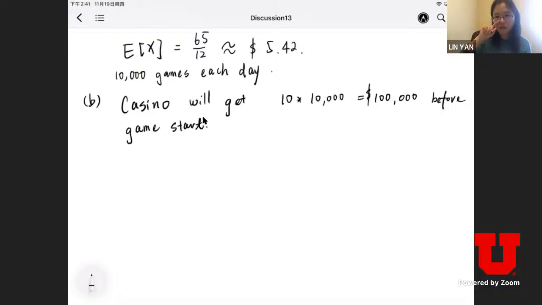And then, because for each game, a player is expected to have $1.42 back from the casino.